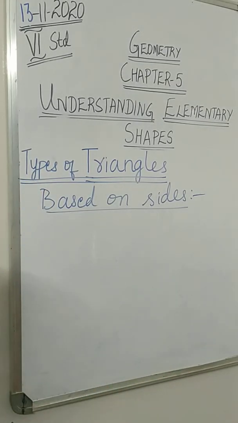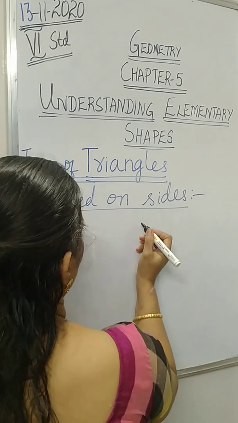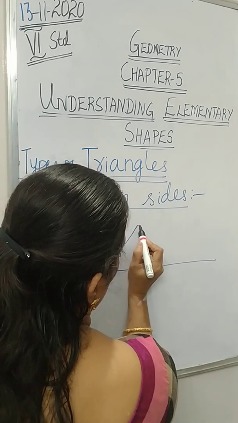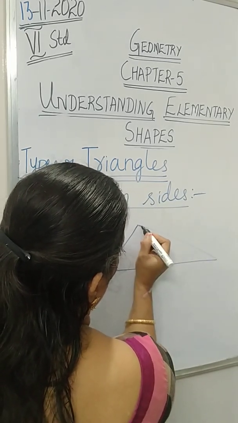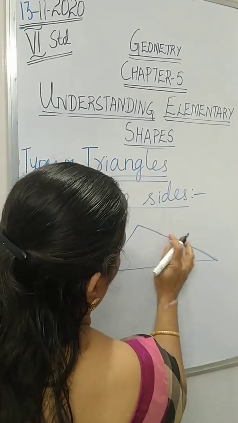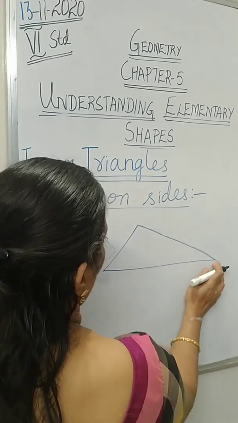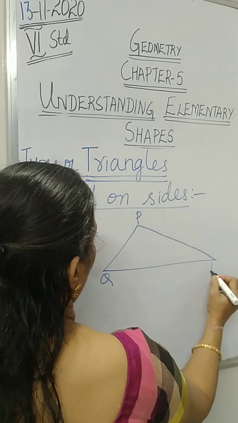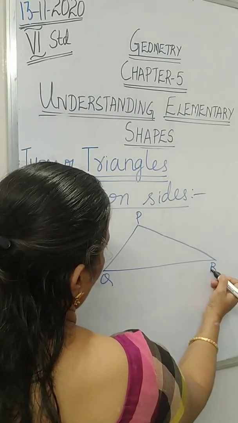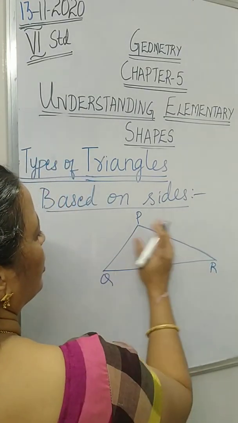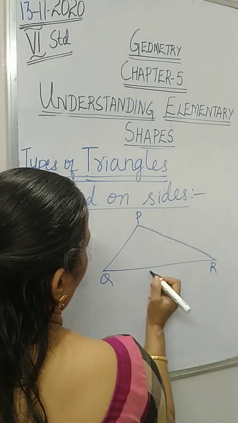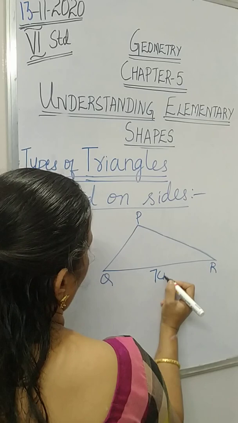Now I'll draw another triangle. Look at the triangle. I'll name it PQR. By looking at the triangle itself, you can make out that all the sides are of different measurement. I'll give this as 7 centimeter.